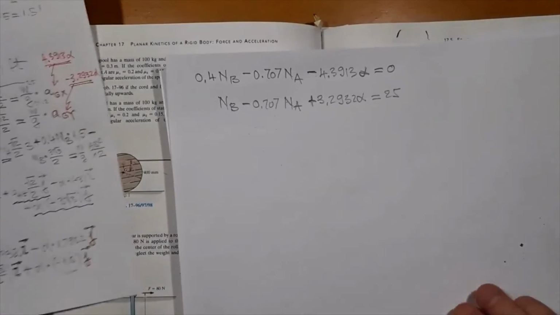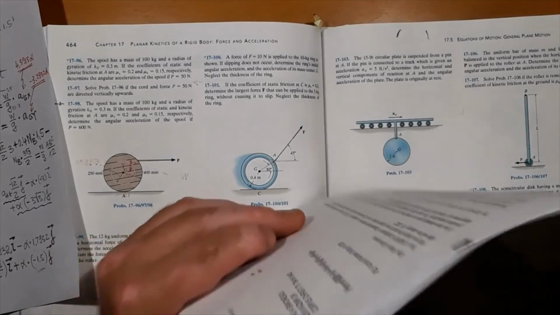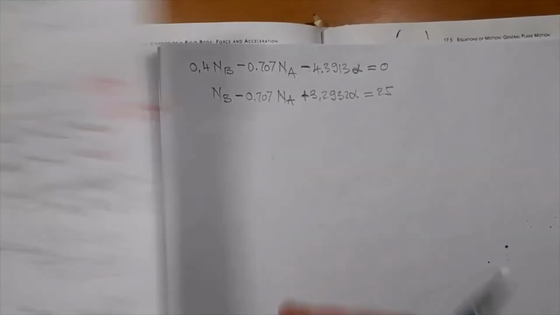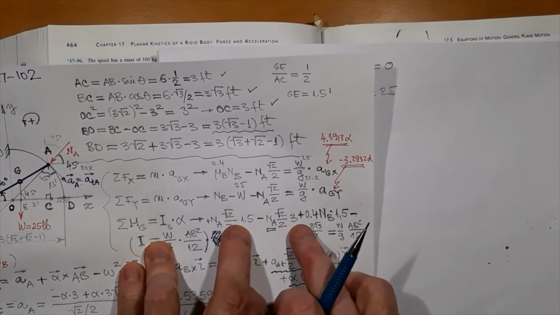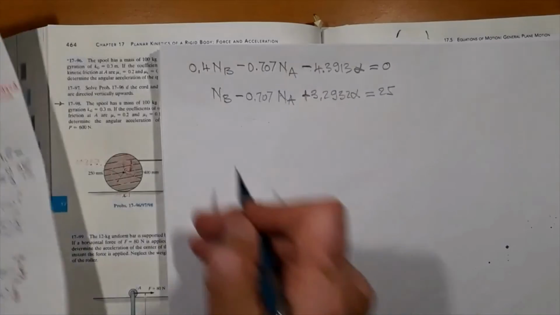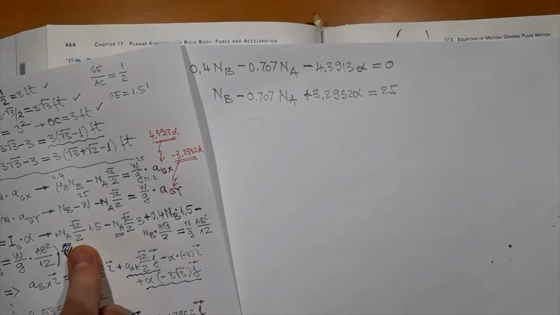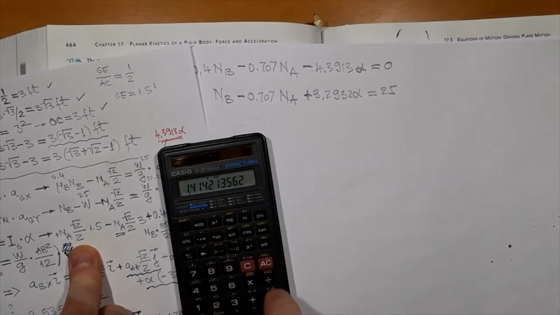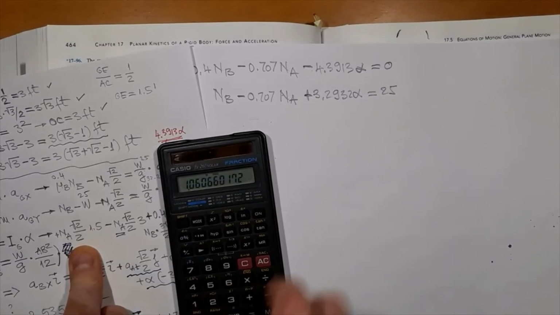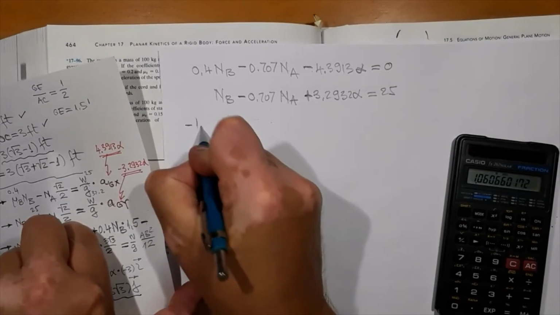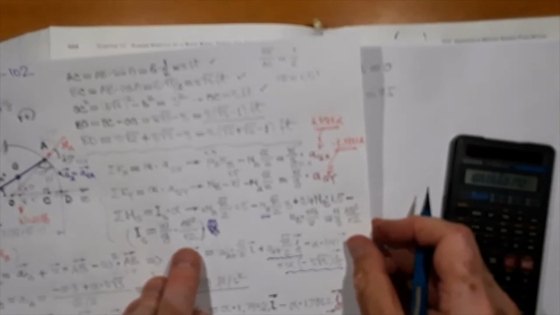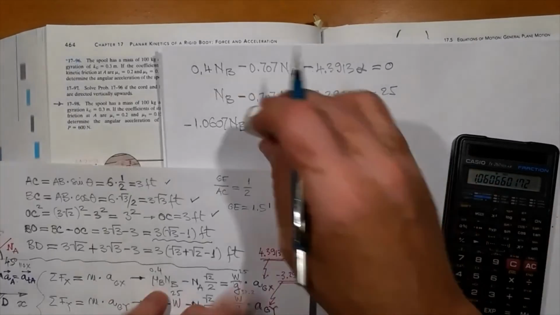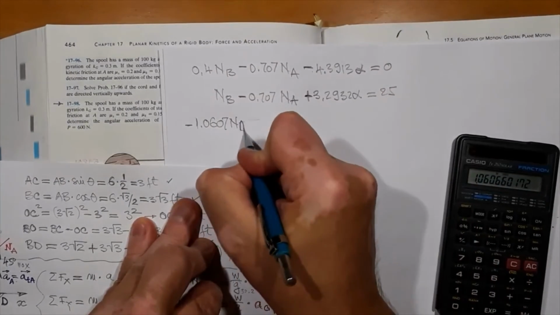So for moments, I have NA collects, so NA square root of 2 over 2 times 1.5 minus 3 is negative 1.5. So it'll be negative square root of 2 over 2 times 1.5, equals, this is a negative value, so negative 1.0607 NA. I'm sorry, not NB, we're still at NA.